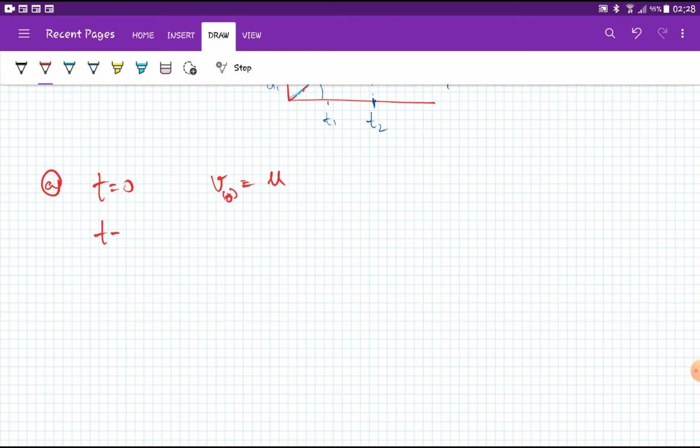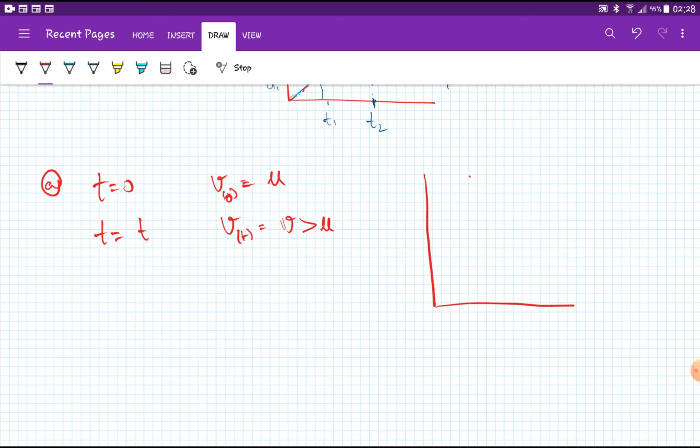At t = t seconds, v(t) is given as v, greater than u. Now we will draw a graph based on these details.